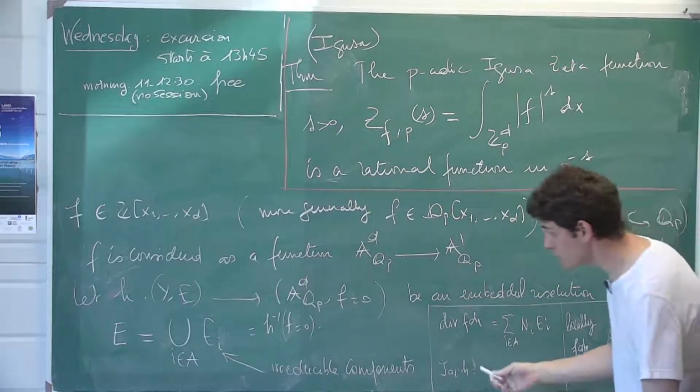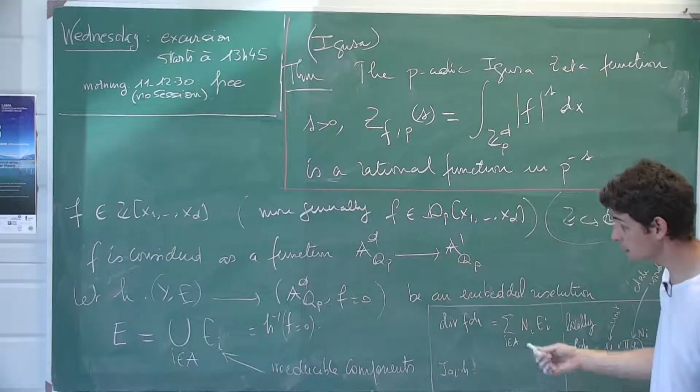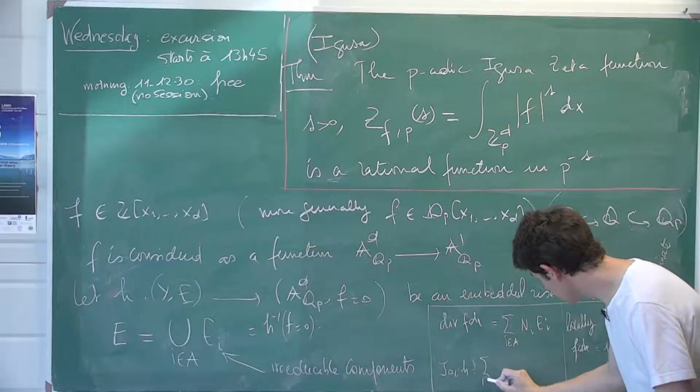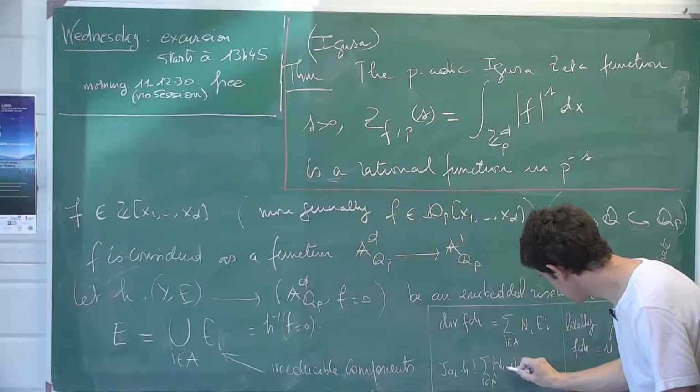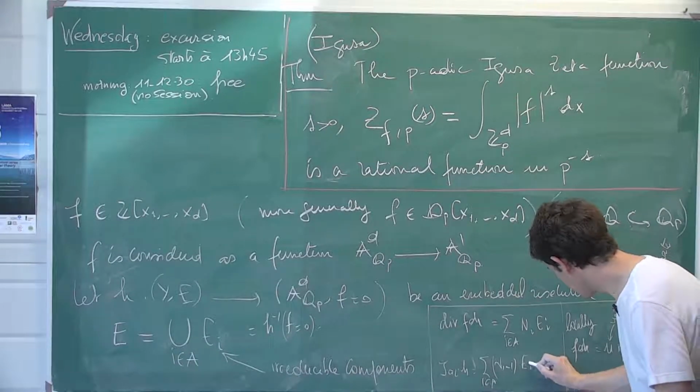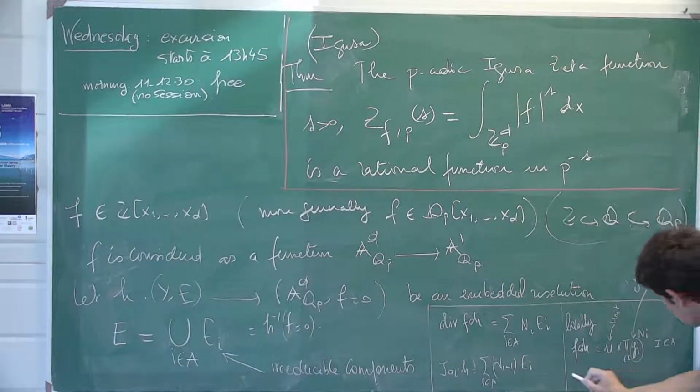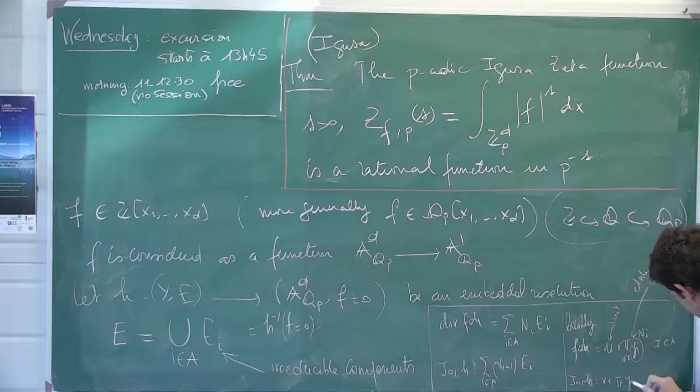So the Jacobian of h is supported by E, and it has also multiplicities, which are written like this, (mu_i minus 1) E_i. That means that locally, the Jacobian of h is a unit times the product of y_i^(mu_i minus 1), i in capital I. Okay. So we will use this expression locally.